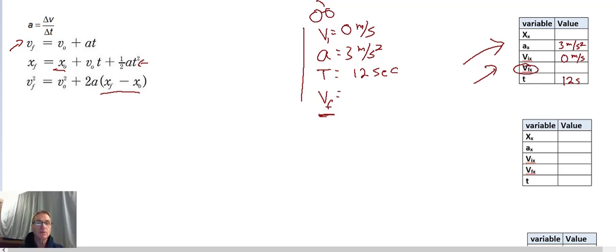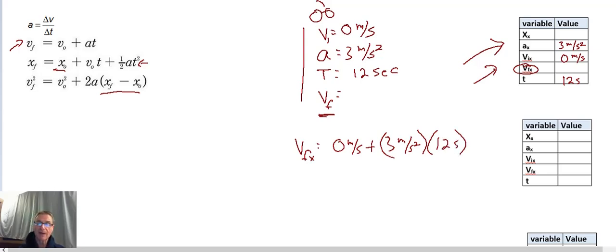I can use the second equation. So V final in the x direction is going to equal V initial in the x direction, which is going to be 0 meters per second, plus a times t. Well, it's going to be the acceleration in the x direction, so 3 meters per second squared, times the time, 12 seconds. All right, and that's it.